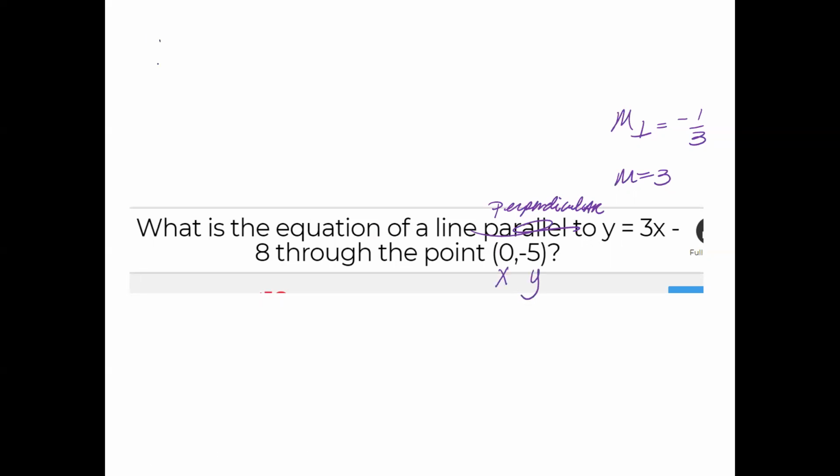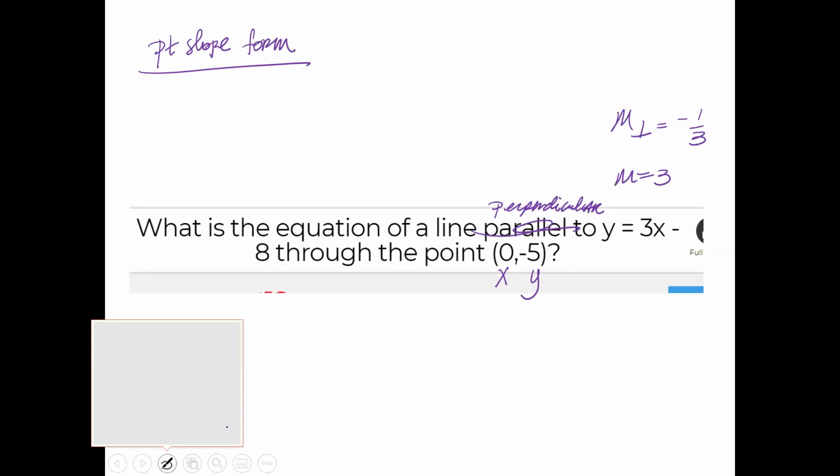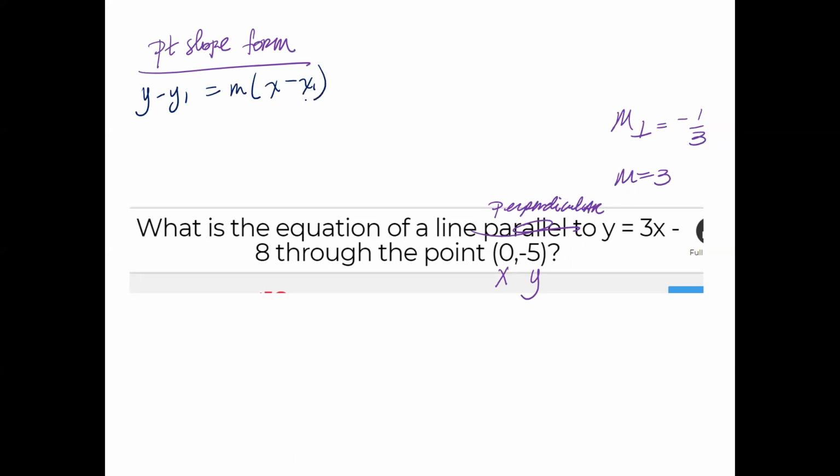So with this one, let's do point slope form instead of slope intercept form. So for that, it's going to be y minus y1 equals m times x minus x1. And then I have y minus, my y is a -5, so it's going to be a +5. Double negative makes it a positive. My slope is perpendicular, so it's a -1/3, x minus 0.